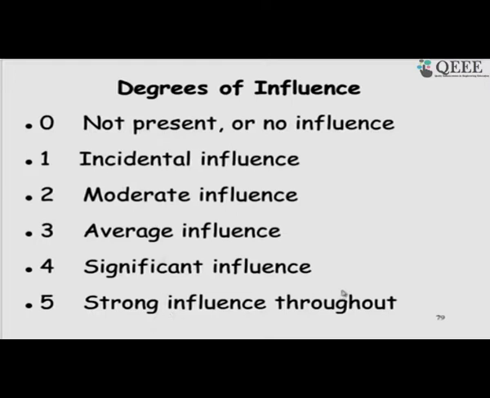So, this will increase the count. As long as we say not present or no influence, the unadjusted function point does not change. But given the degree of influence, how much do they change? Let us see that.